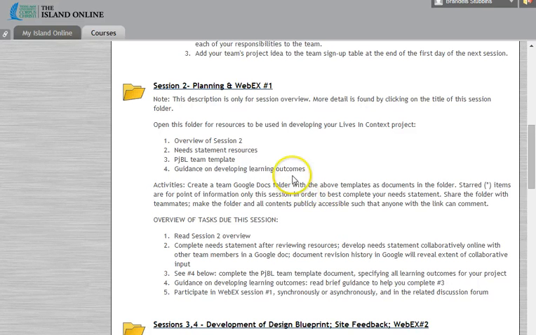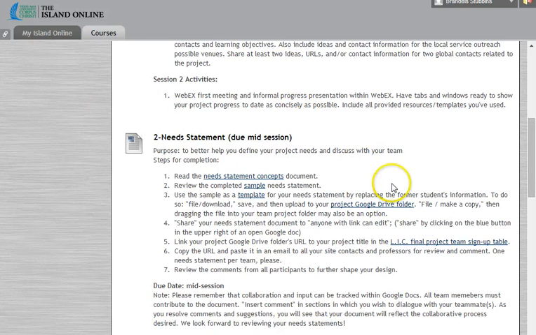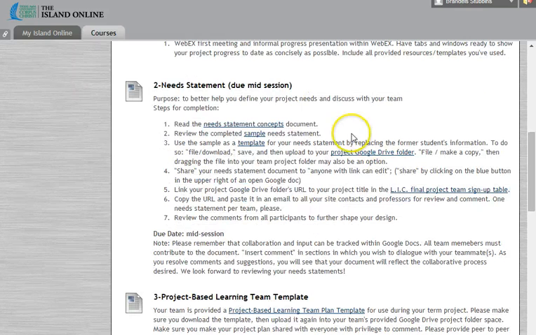This process will be explained more in the Session 2 tutorial. The team will work to develop a needs assessment for their target site, create a PBL plan, and review the plan with that target site.